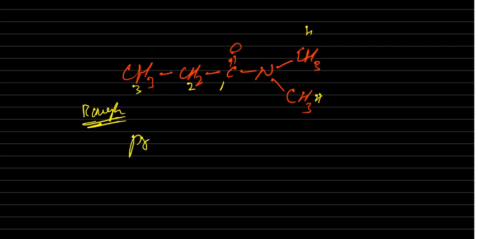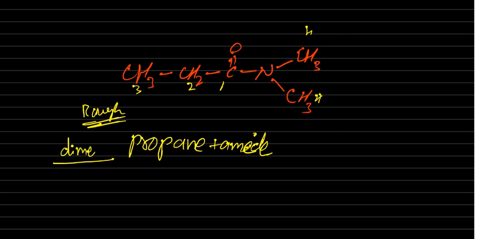So propane plus amide. If hydrogen is there, fine, but here methyl is there, so methyl means substitutions. What are the substitutions here? Methyls, how many? 2. So dimethyl. But where is the position? On the nitrogen.